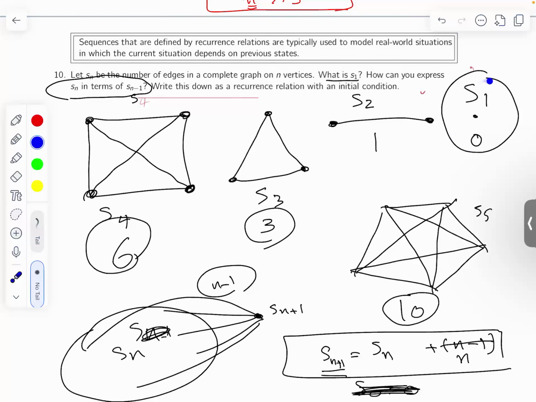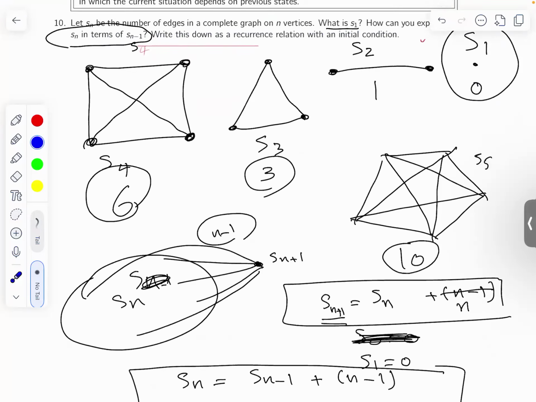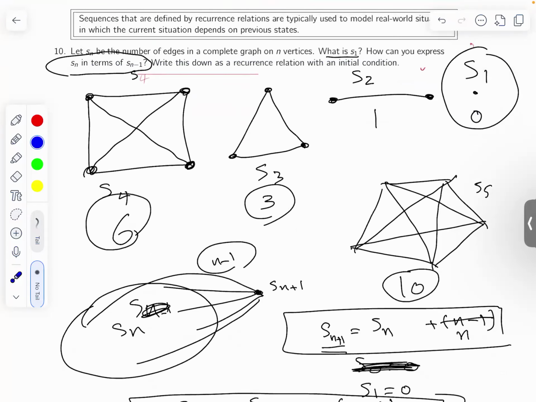It is asking what is S1? S1 is like this one. How can you express Sn in terms of S sub n minus 1? Imagine that it's n minus 1, Sn minus 1. If you add a new vertex to this one, then how many edges should you draw to get the new graph as a complete graph? How many vertices do you have here? N minus 1 of them.